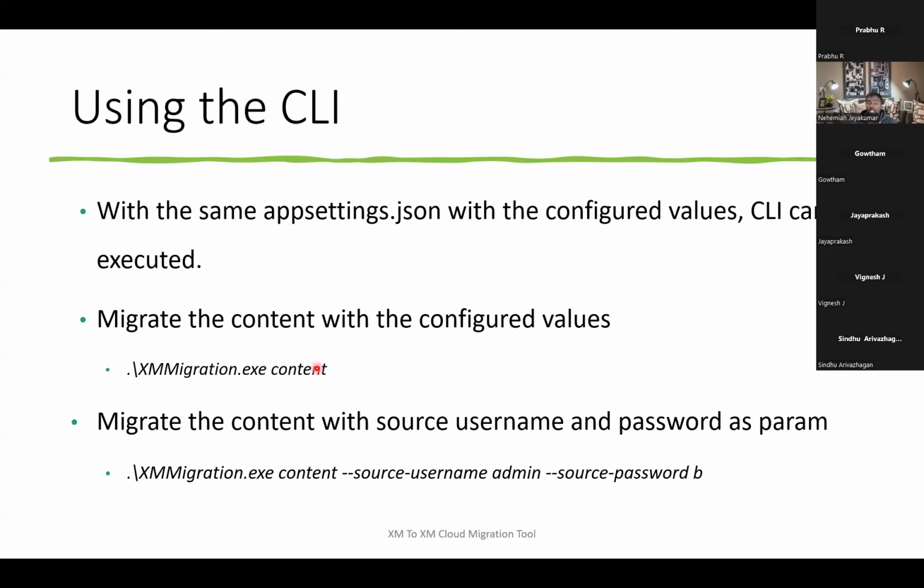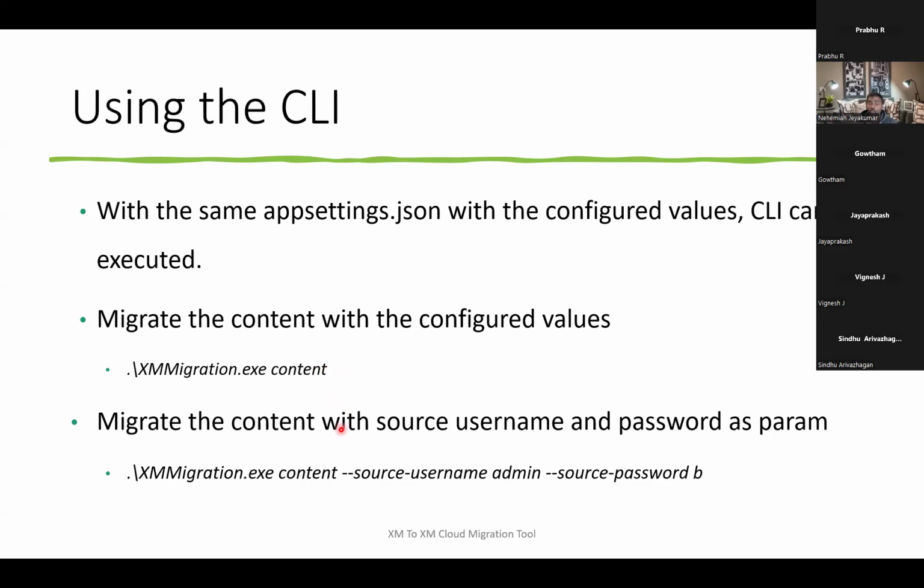The same thing applies: if the configured data is incorrect, you are going to get an error. If the source system Sitecore instance is not able to connect, you're going to get an error. All sorts of things that happen in the GUI also happen in the CLI. The only thing is, CLI helps you to automate that in case you want to do it as part of the pipeline.